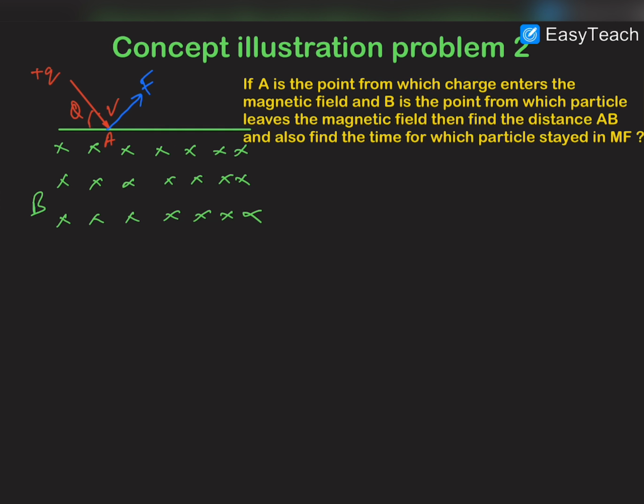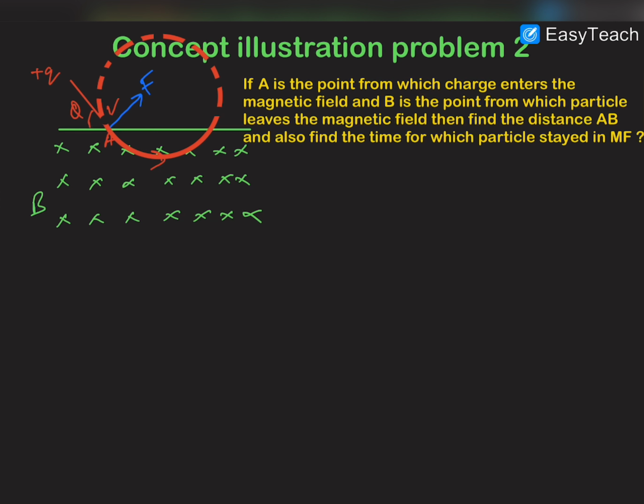Let us draw the circle. This particle would go like that. Obviously it would not move in a circle outside the field, but inside the field it would move in a circle.